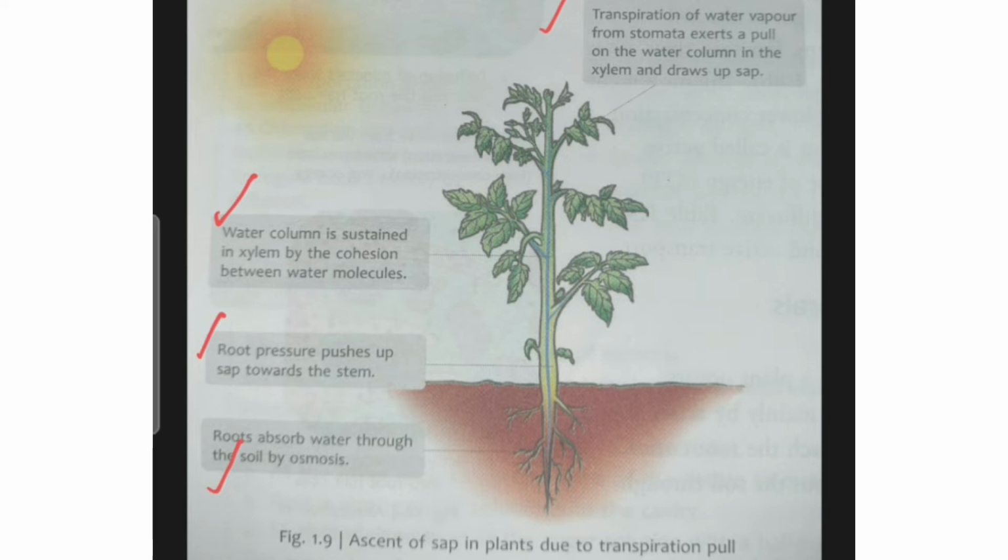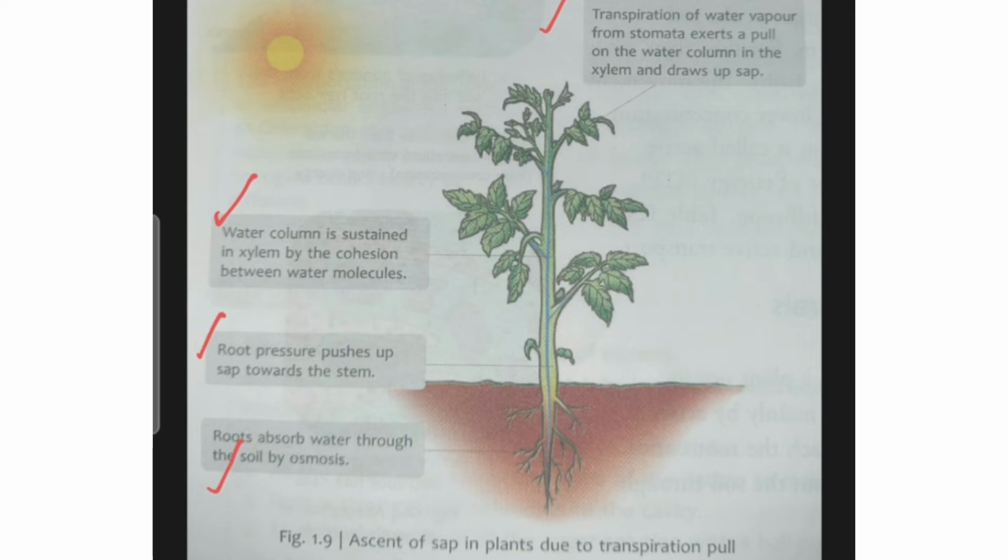So, the transportation of water and minerals in a plant occurs in some steps. The root hair cells absorb mineral salts mainly by active transport. The mineral salts then reach the root cortex. After that, the root hair cells also absorb water from the soil through osmosis.